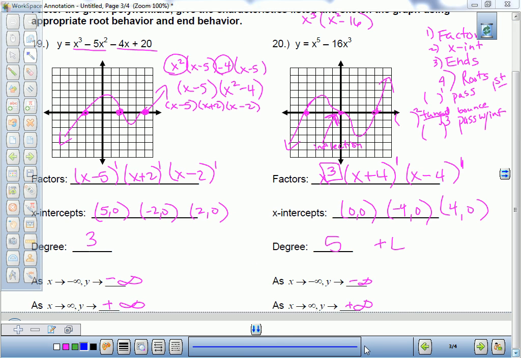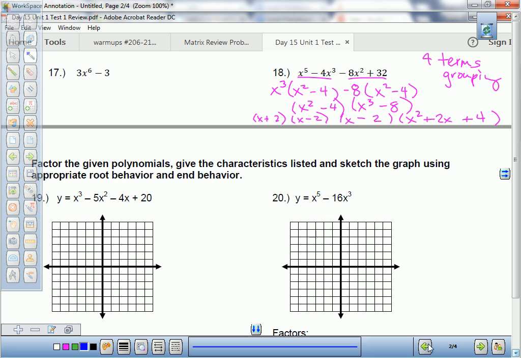And if you're not good at the squiggles, then we just put a little note right here and we tell our teacher this is an inflection. That help? Okay.